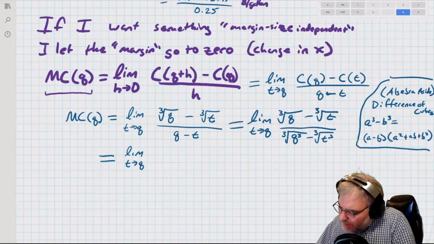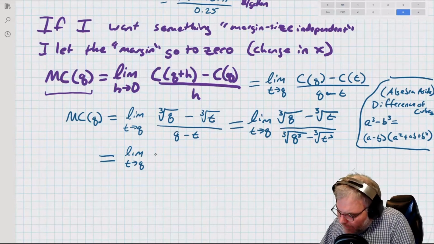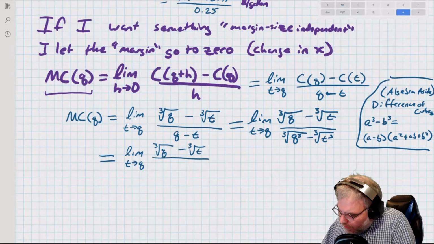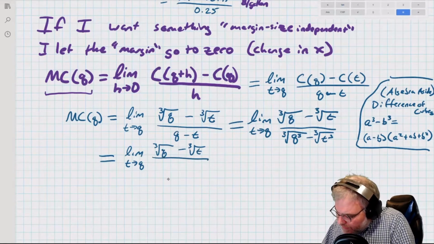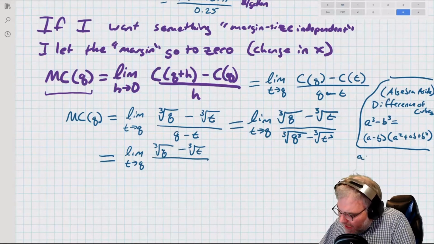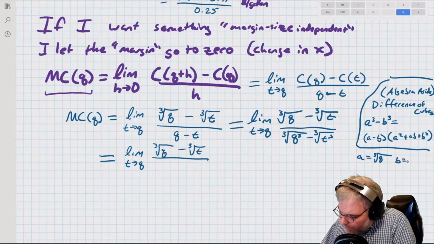So with the difference of cubes here, I'm going to wind up with the limit of q minus the cube root of t over, and then I'm going to use this little difference of cubes formula, where a equals the cube root of q, and b equals the cube root of t. I'm going to wind up with the following.